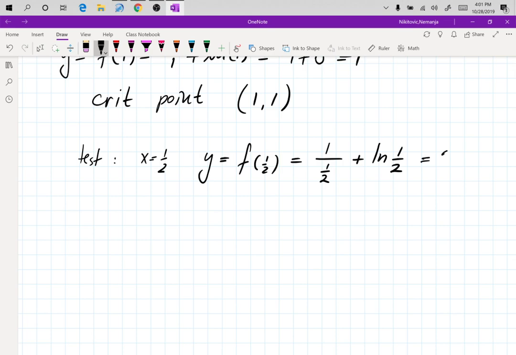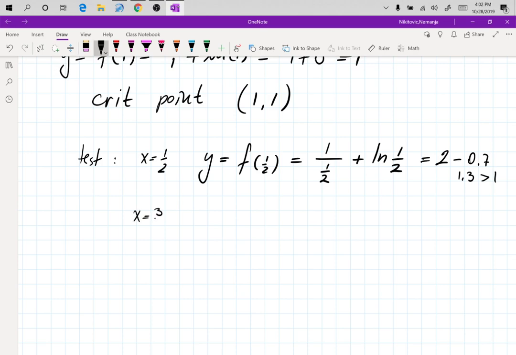And this is going to be 2 minus, and the ln of 1/2, we'll just use the abacus for ln of 1/2. So that's going to be about 0.7. It's 0.6931, but 0.7. So this is about 1.3. 1.3 is bigger than 1. All right, so we are already looking into a minimum.